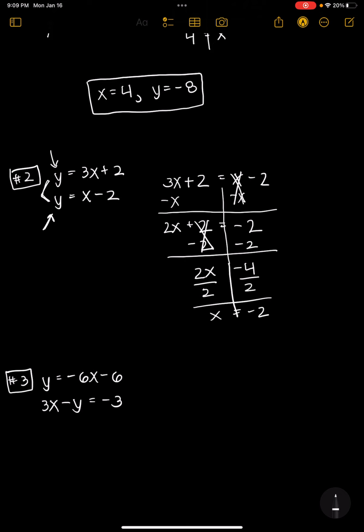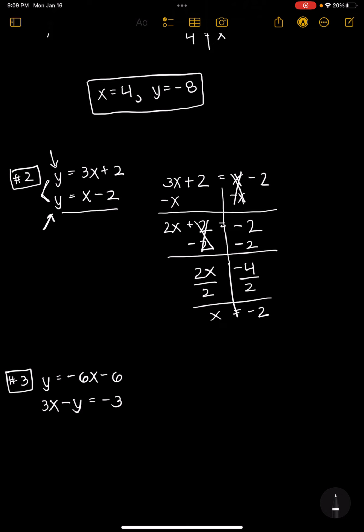Okay, great. We know one of our answers. This is only half of our answer, though, because we don't know what y is yet. But once we get one answer like this, it's really easy. What we'll do is plug it into one of the original equations, and it doesn't matter which one, whatever looks easiest, to figure out what y is. In my opinion, the bottom one looks a little bit easier.